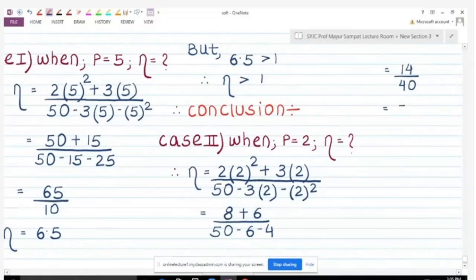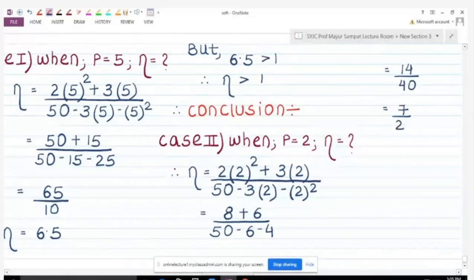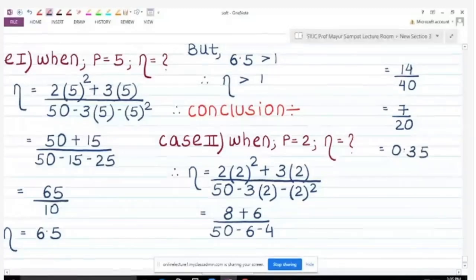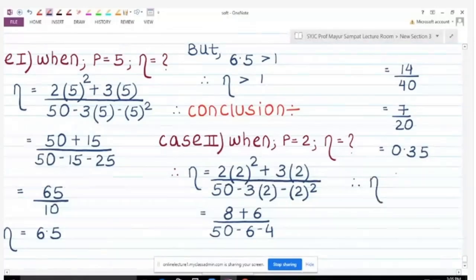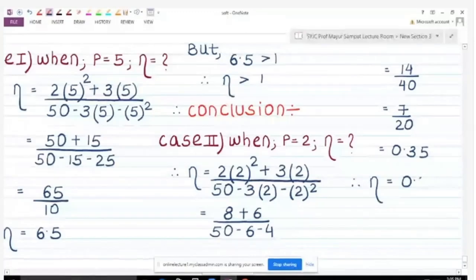Answer is 7 by 20, and that answer is 0.35. The value of eta is equal to 0.35.